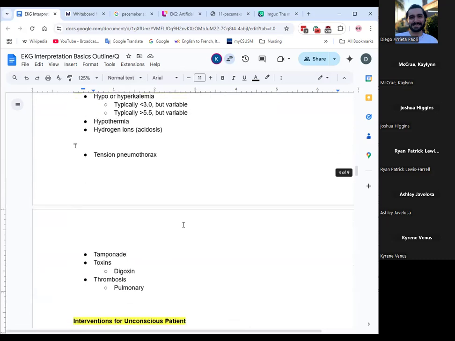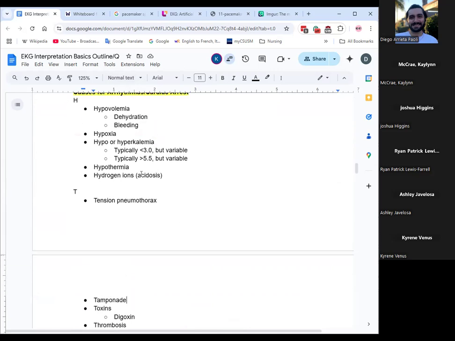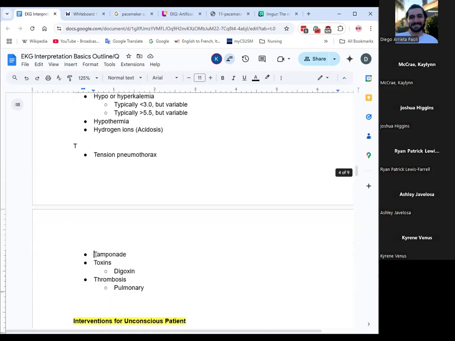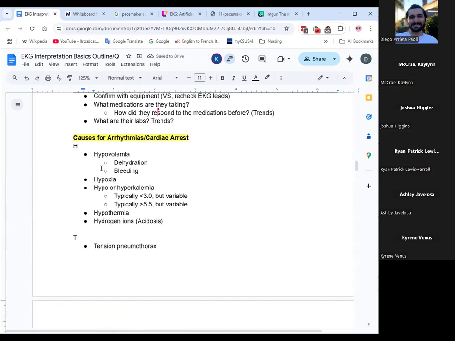Keep in mind that the hydrogen ion part is referring to acidosis. Don't just dismiss an answer choice because it doesn't start with an H or a T. Cardiac tamponade technically starts with a C. Try to recognize the whole word instead of just asking is it an H or a T.